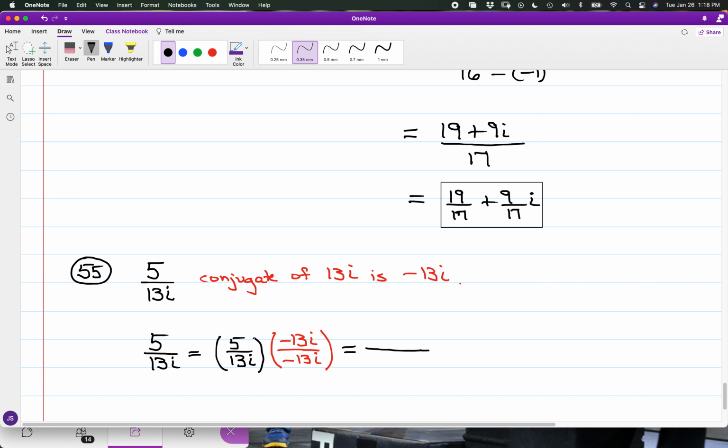And upon multiplying, we have 5 times -13i, which is going to be -65i. Now we got 13 times -13, that's -169. i times i becomes i squared.